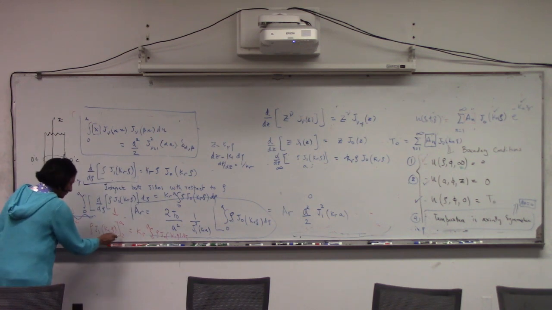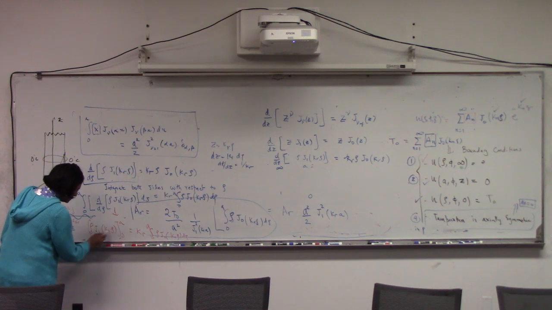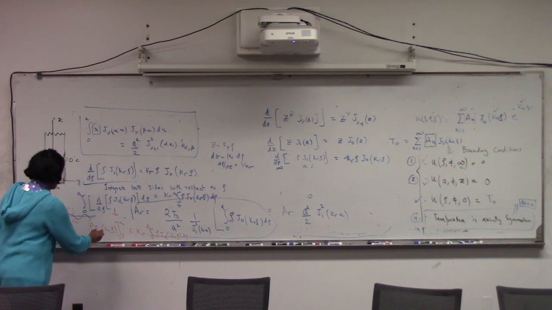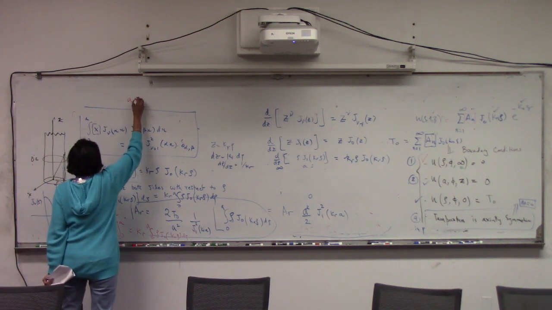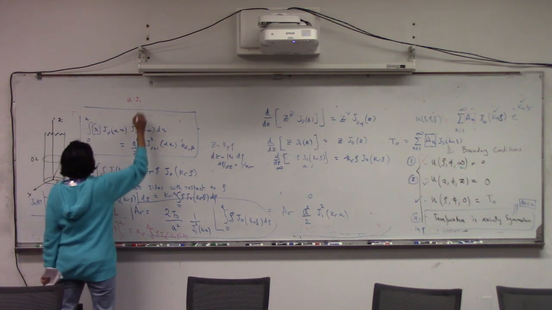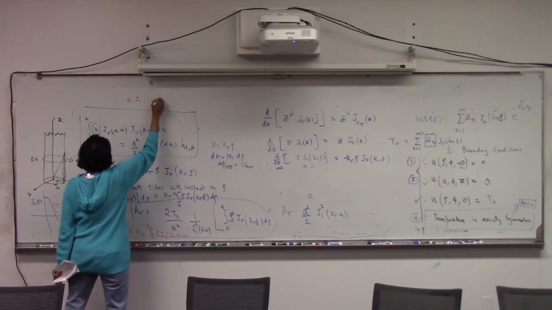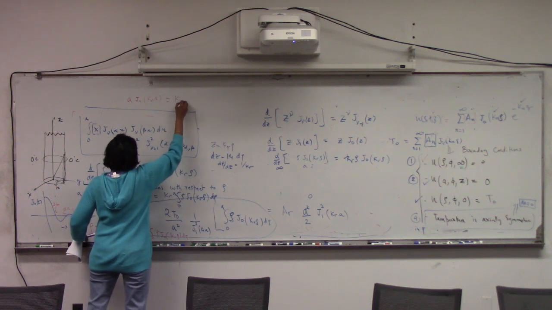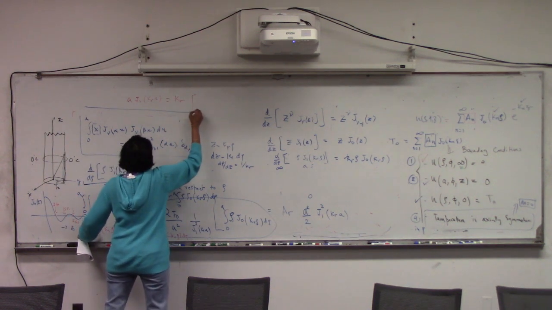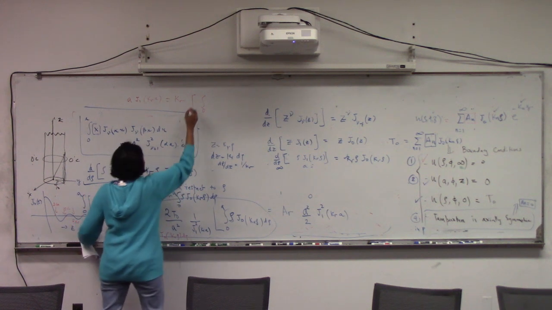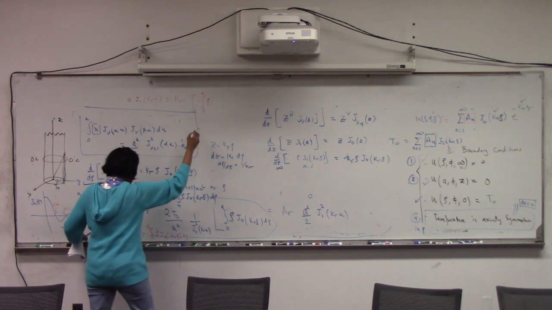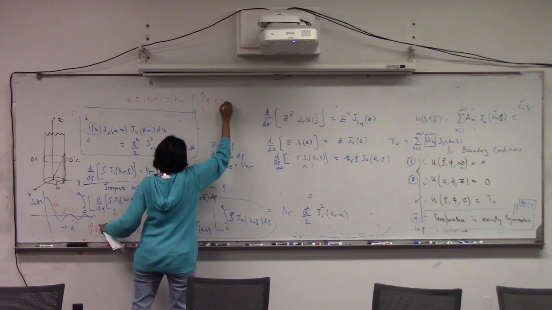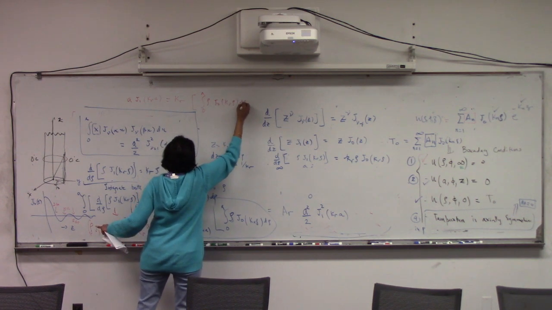Okay, and for rho equal to 0, the lower limit becomes 0. So what you have is a times J1 of kr a. This expression becomes a times J1 of kr a. Only the upper limit is contributing, and it equals kr times the integral from 0 to a of rho J naught kr rho d rho.